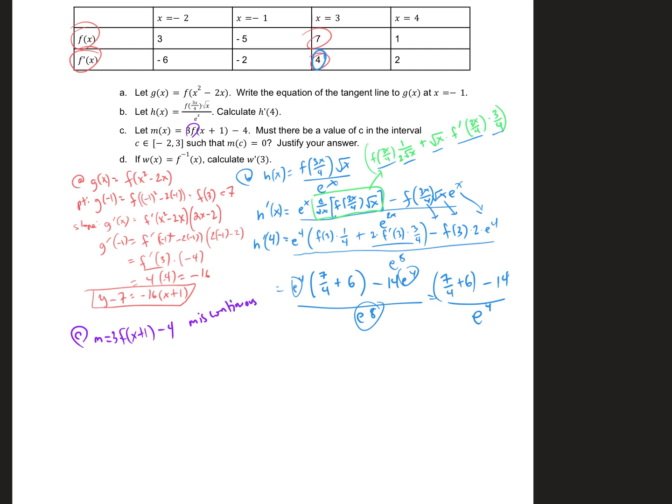And whenever we're dealing with the intermediate value theorem, we always find the values of the endpoints. So I wanted to find m of -2 and m of 3. So when I plug in -2, f of -1 is -5. So that's -19. And then m of 3 would be 3 times f of 3 plus 1 minus 4. f of 4 is 1.